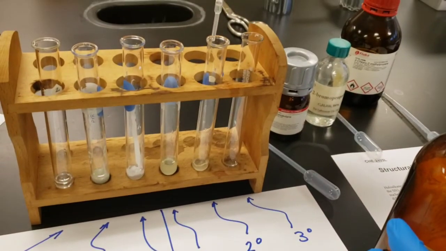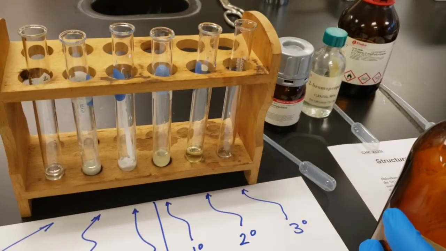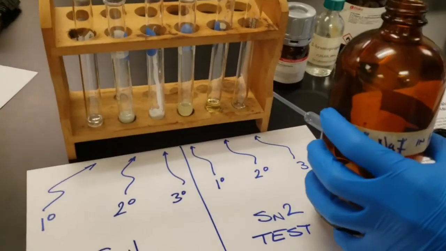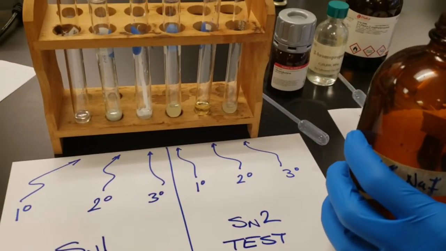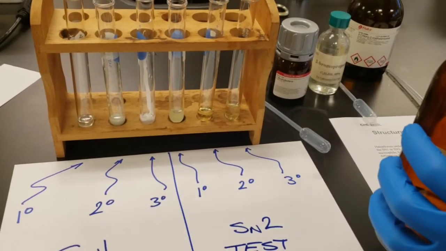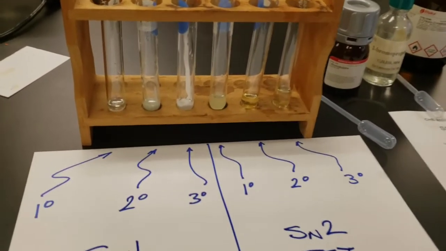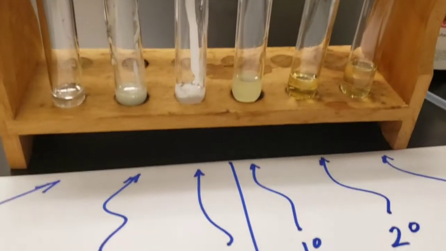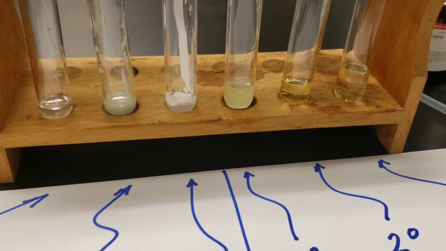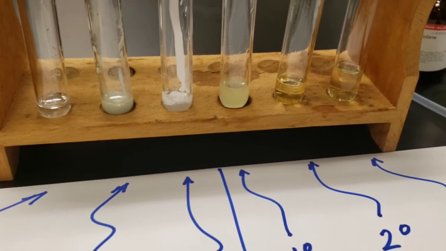Sodium iodide is soluble in acetone, but sodium chloride and sodium bromide are not soluble in acetone. So we're going to give these a minute or 2 to develop and see if we can spot anything happening in those test tubes.